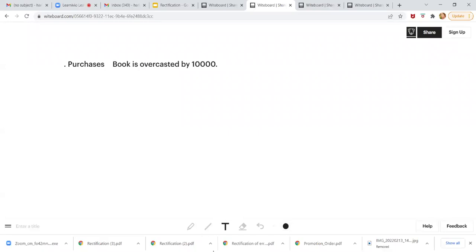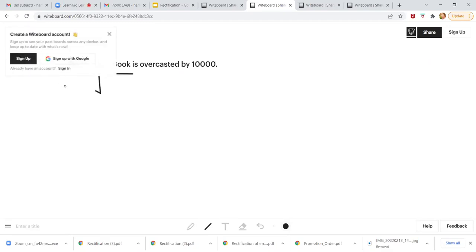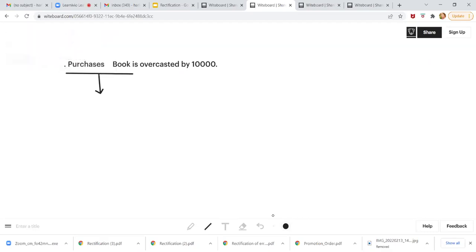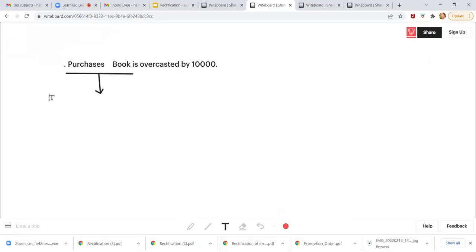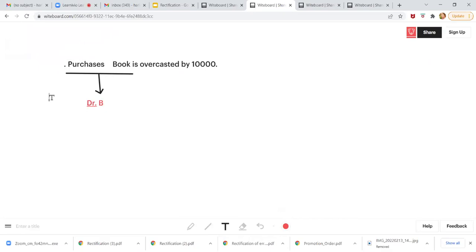As we have discussed in the rectification of error in the first class, purchases book has a debit balance.